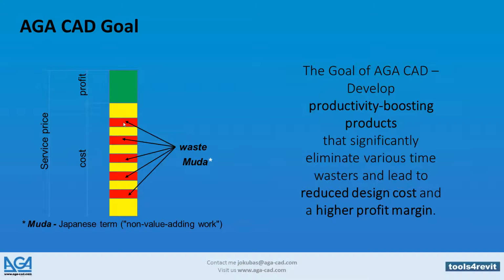But as you see, the red ones are waste. We love to say it's muda. It's a Japanese term that describes non-value adding work. Our goal is to eliminate or reduce that muda, to make the profit bigger, or to make the service price lower, or both.